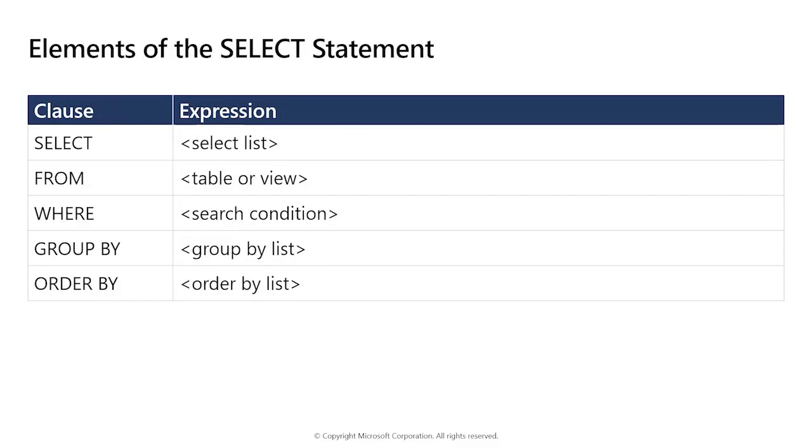Now let's take a look at the elements that constitute a typical SQL query using DML statements. First, we usually start with a select statement. You can use a select statement to retrieve data from tables and specify certain conditions. After the select statement, you would typically specify the columns that you wish to retrieve data from.